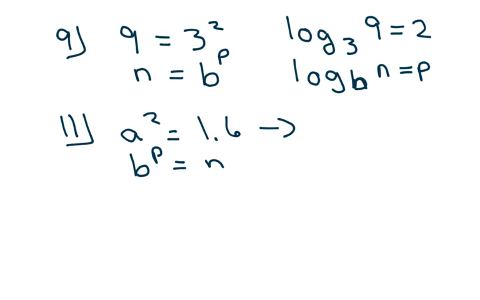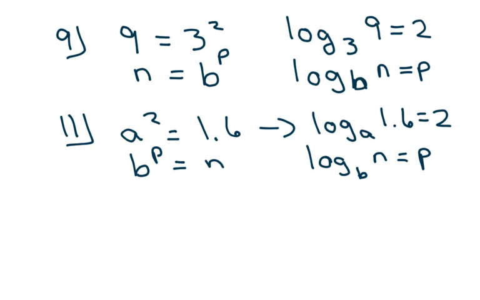And so we're going to change this to a log base of the number equals the power. So you're going to write log, your base is a, your number is 1.6, and your power is 2. And that's all we're doing.